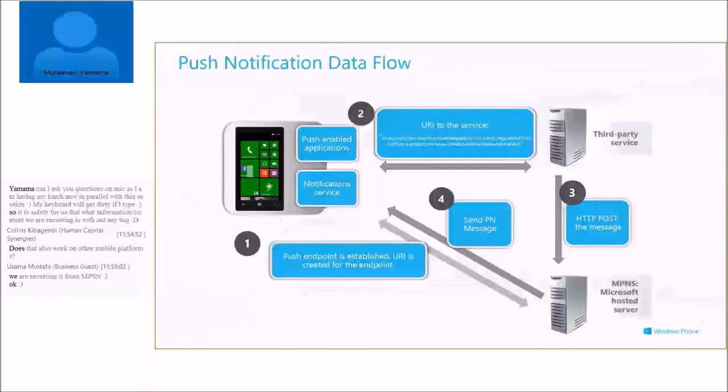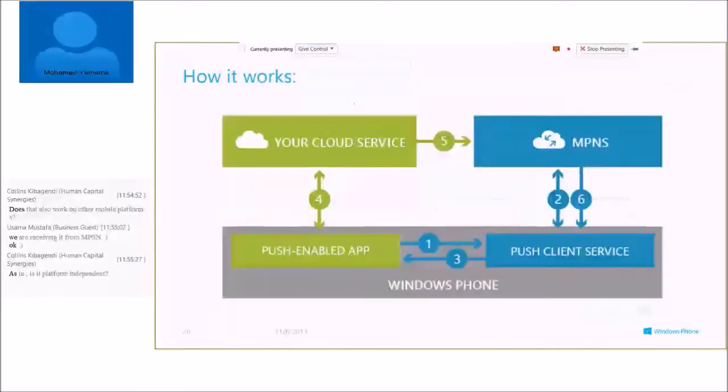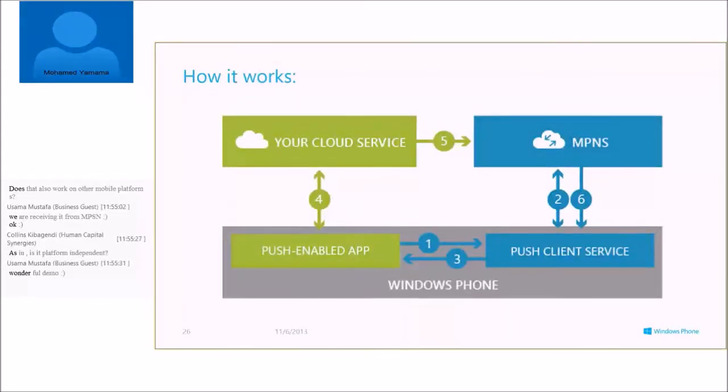Okay, so let me take it one more round. This is exactly what's happening. This diagram shows how a push notification is sent. The green colors are what a developer needs to code: your push-enabled app on your device, and your cloud service that is going to send the notification.